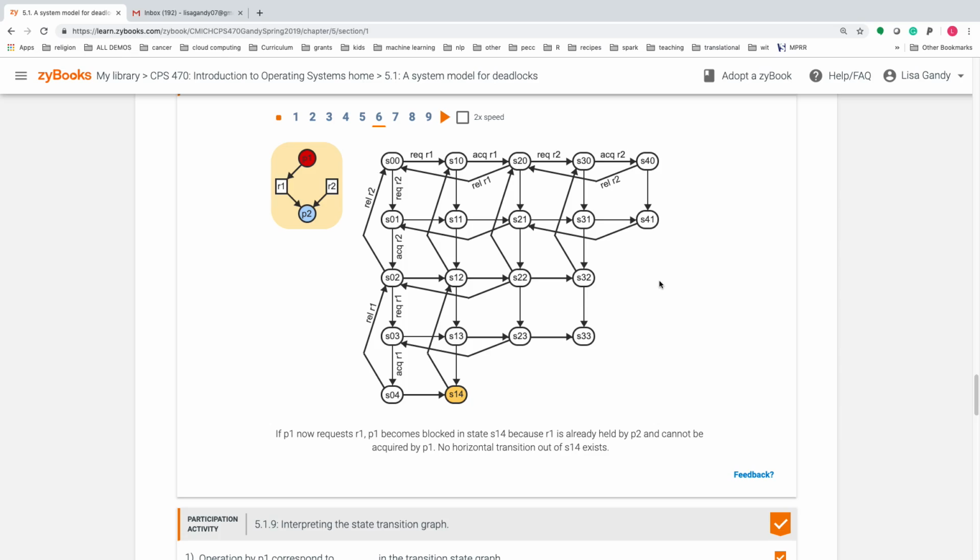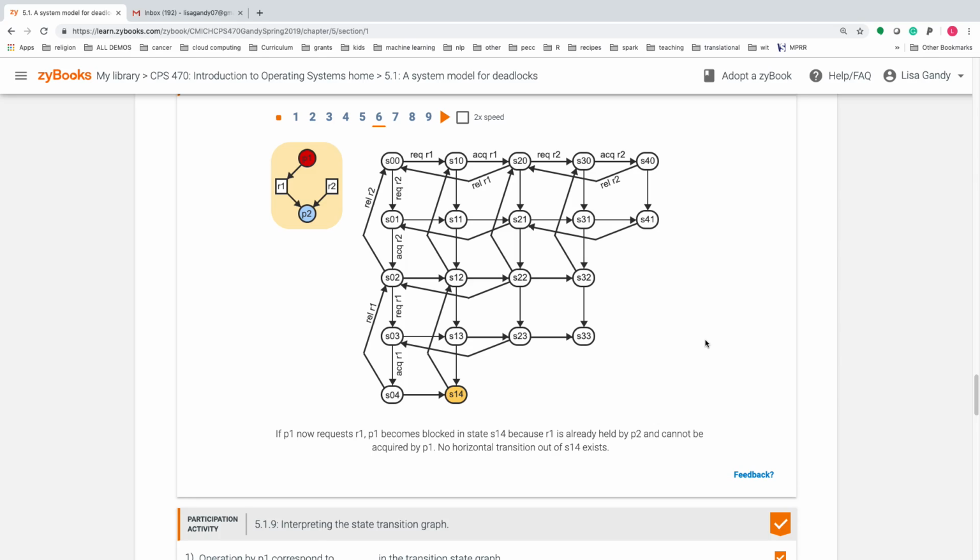Next to the deadlock one. This one's blocked because P2 is blocked, it's not going down. So this is kind of cool. This is deadlocked, right? Because it's not going across or down. There's no way out. So P1 and P2 are both blocked. If all your processes are blocked, that's deadlock.